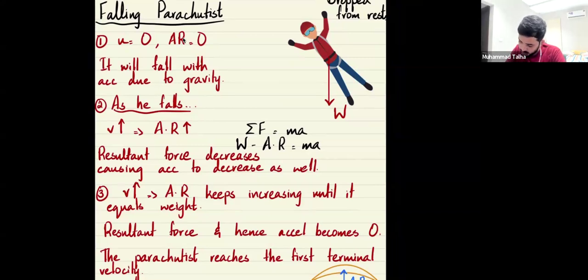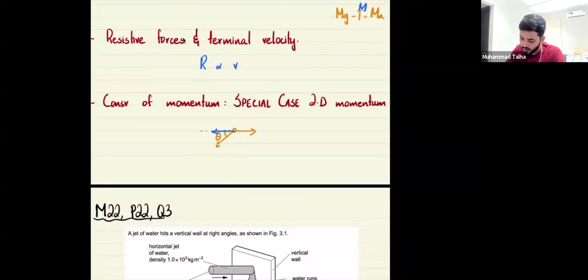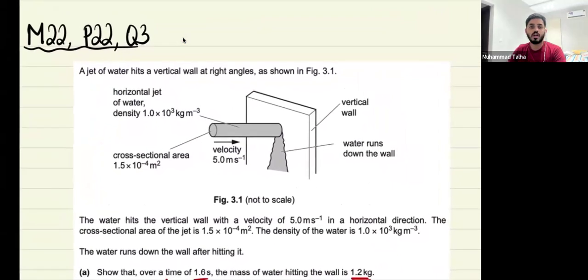Let's try to look at this one. So with mass flow rate, I was talking about questions like these. I'm pretty sure like 90% of you guys remember seeing this question at least.